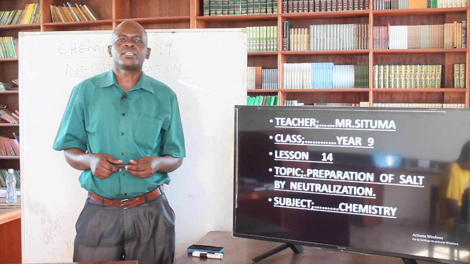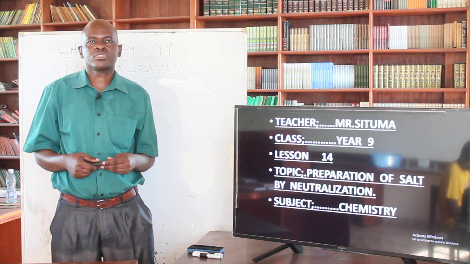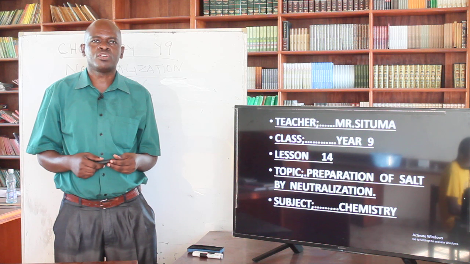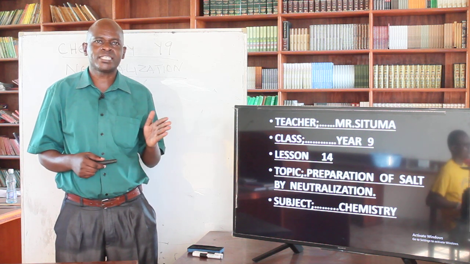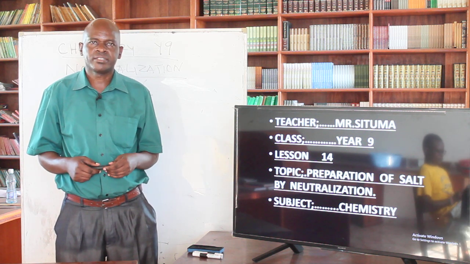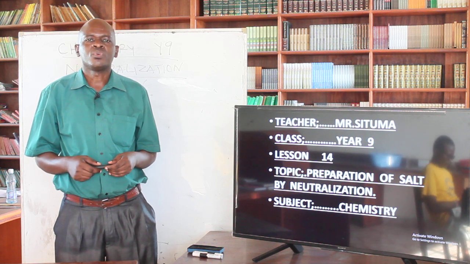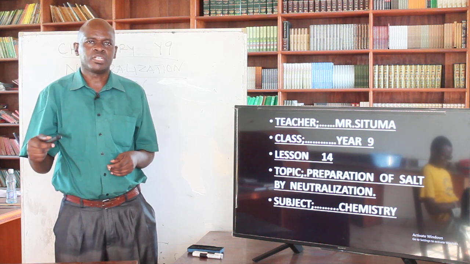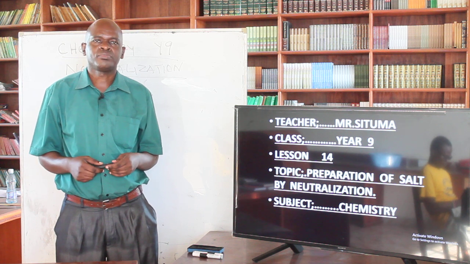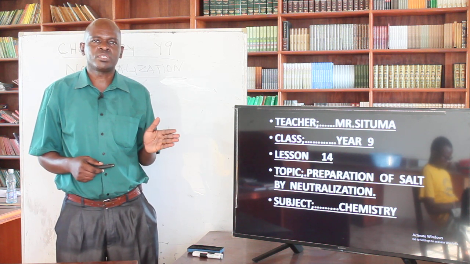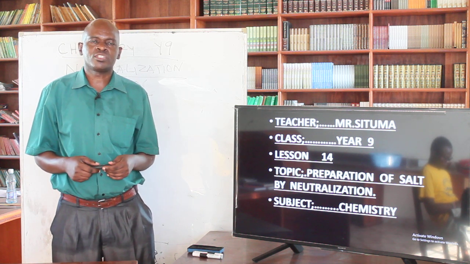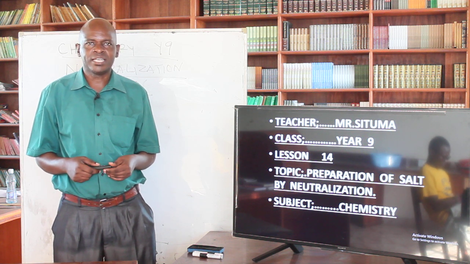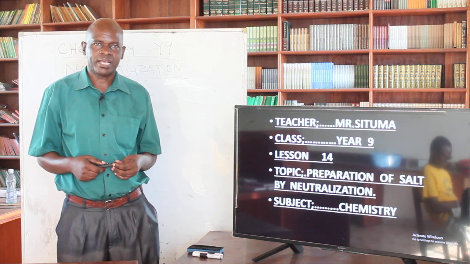Now, in our previous lessons, we did look at the preparation of salts by reacting a metal oxide and an acid, which is also a process of neutralization. Then we also looked at the preparation of the salt by reacting a metal carbonate and an acid.